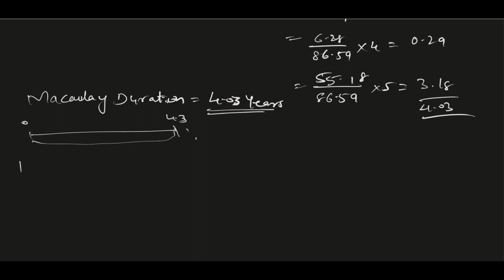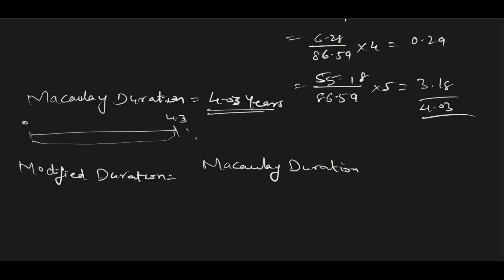Now, if I want to find out modified duration, it will be Macaulay duration divided by 1 plus YTM.